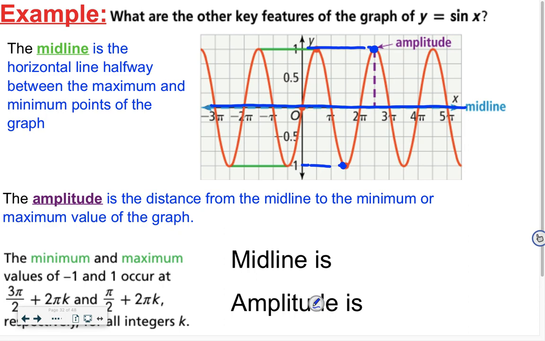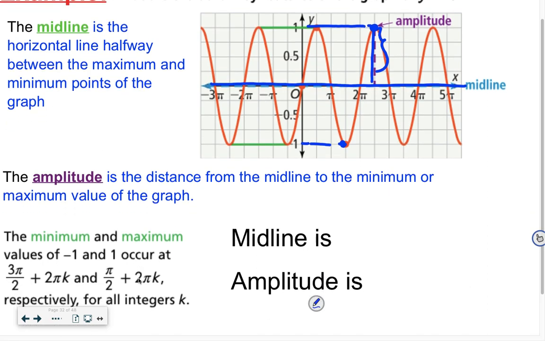Amplitude is the distance between the midline and the maximum or minimum point. Let me choose the maximum point here. So this distance is going to give you the amplitude. So amplitude is the distance from the midline to the minimum or maximum value of the graph. So as you see here, you can understand your amplitude is what? 1.